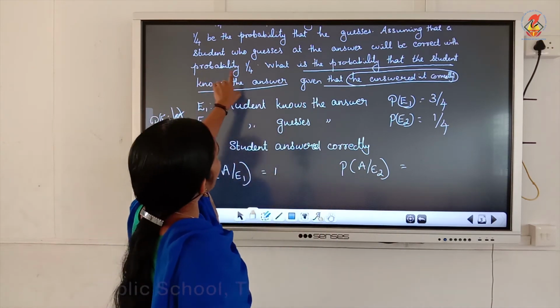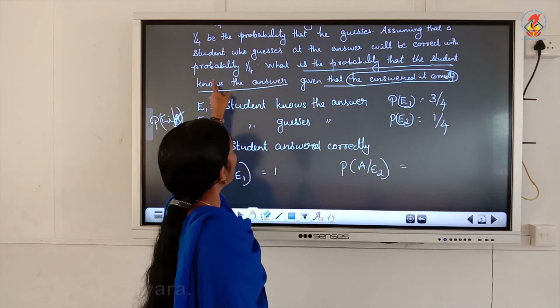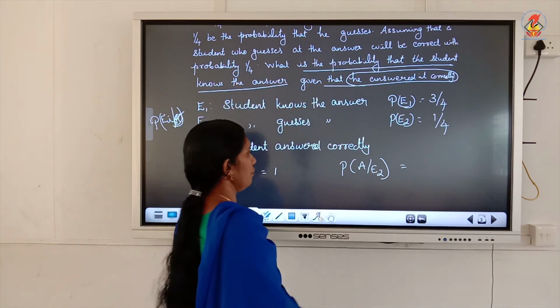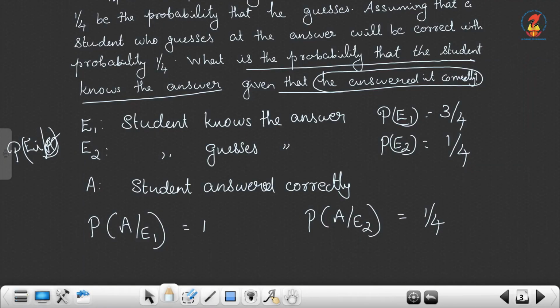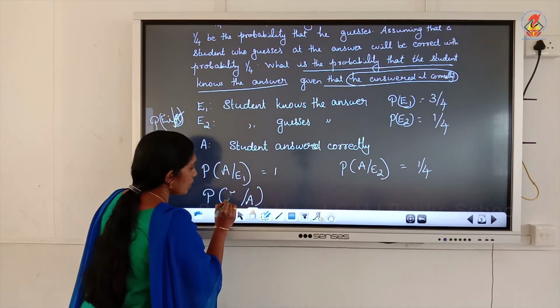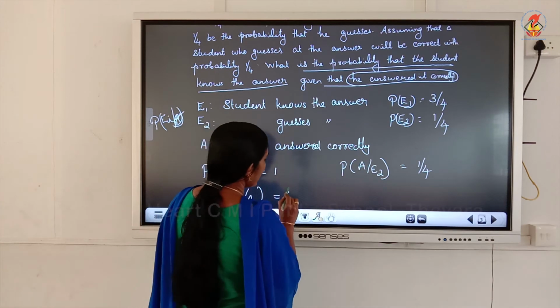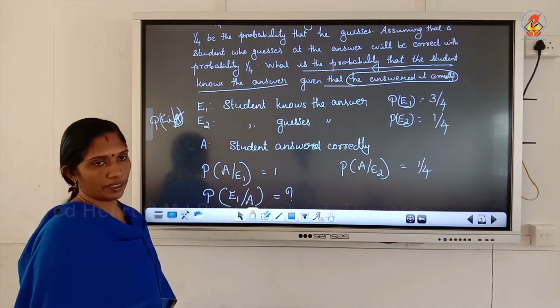Look here, assuming that a student who guesses at the answer will be correct with probability 1 by 4. So this one is 1 by 4. Now, what is in the question? The answer is correct. That is in the denominator, and find the probability that the student knows the answer. That is in the numerator. Knows the answer means E1. So P of E1 given A, that's only what we have to find.